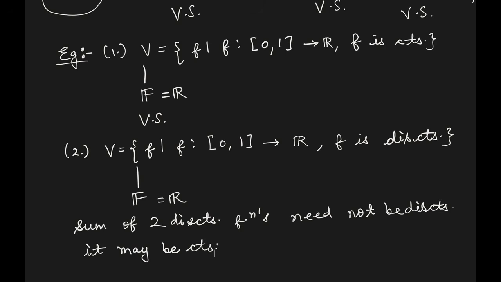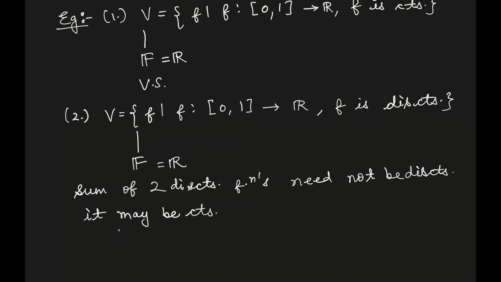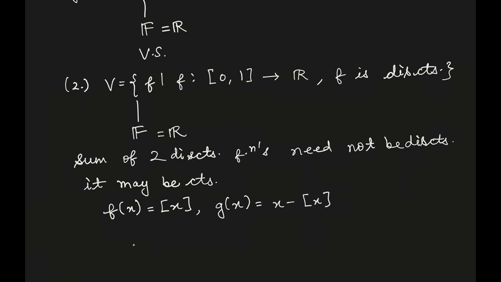Nothing is coming to you? In discontinuous, we can take the greatest integer function and another, the mod function, or we can do this: F of x, if I take the greatest integer function, and g of x, I can take x minus the greatest integer function. Then the sum will be f plus g of x, which will be x, and it is clearly continuous.